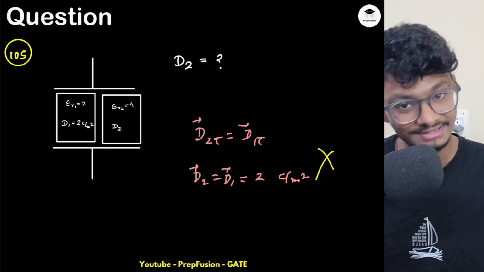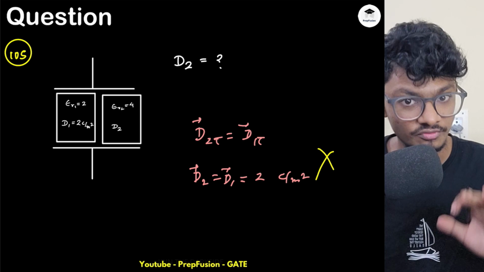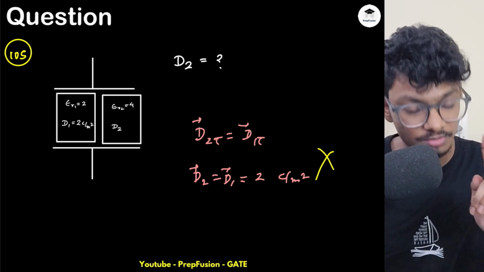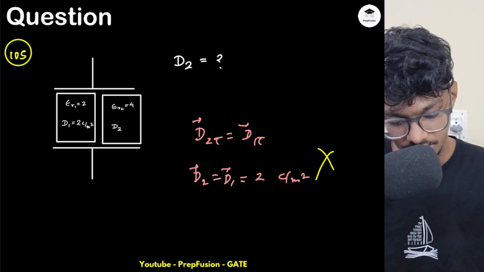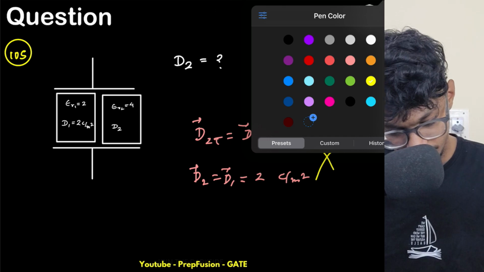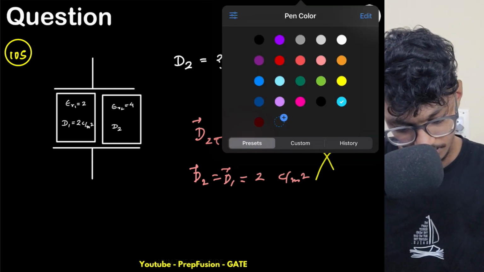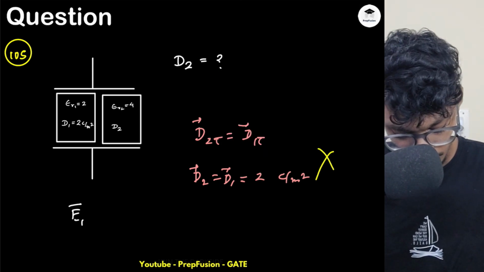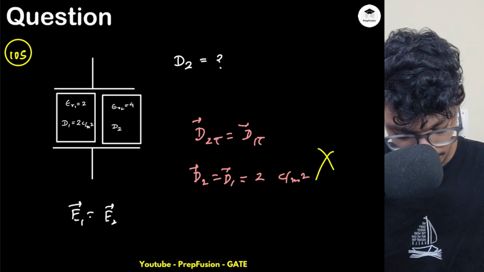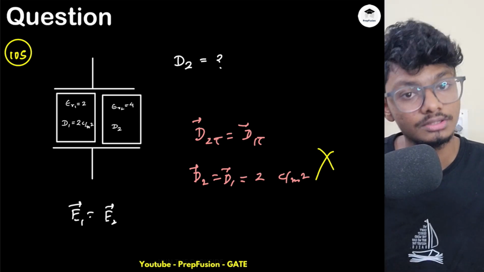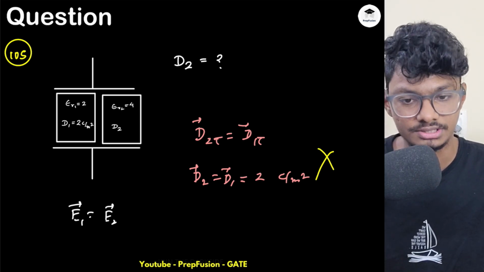Because you forgot that this case was for electric field, not for electric flux density. The tangential component of electric field was same. Okay, so E1 equals E2, correct? And what is E1 in terms of flux density?